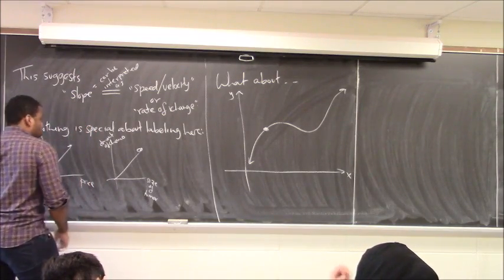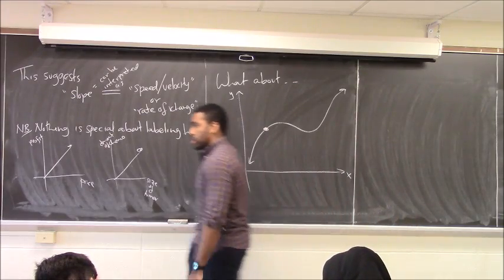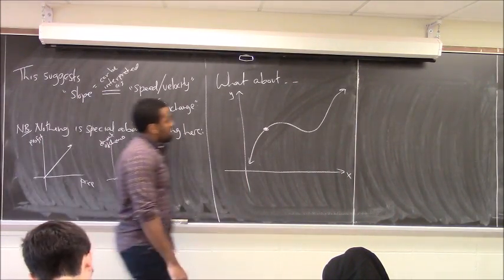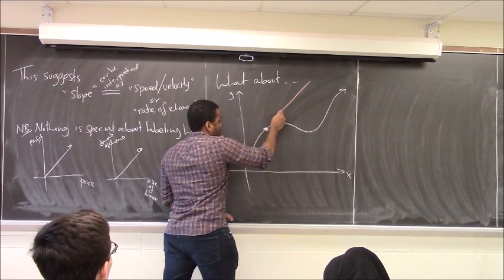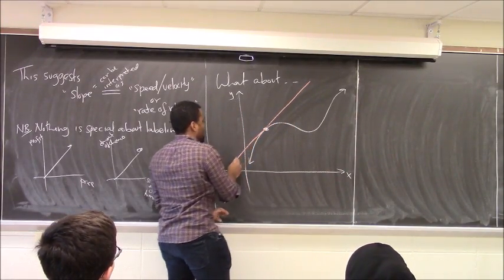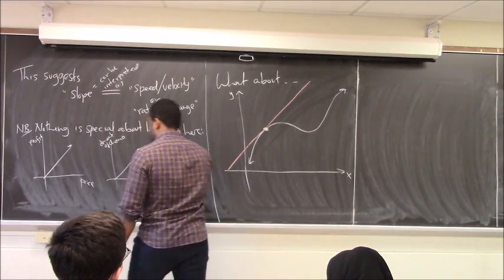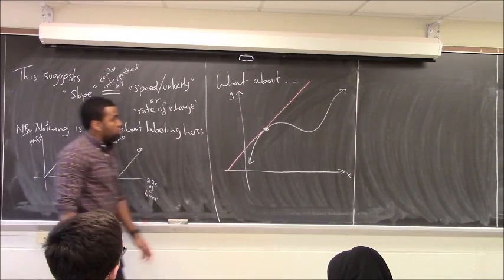What we're going to do is find a line to approximate the curve at this point. The idea is to form a line such that if you zoom in far enough, the line and that curve are super close together.